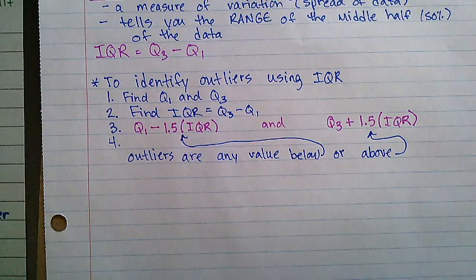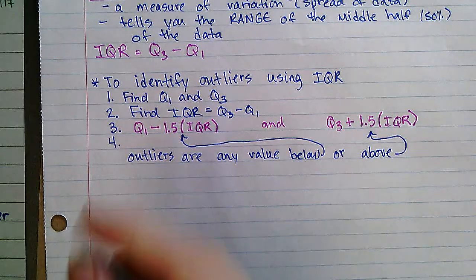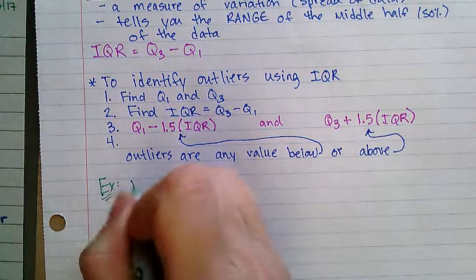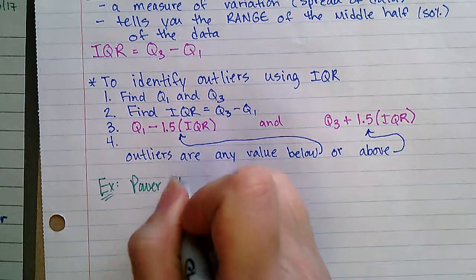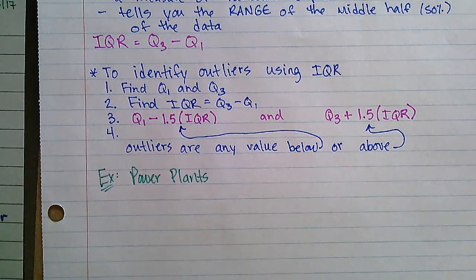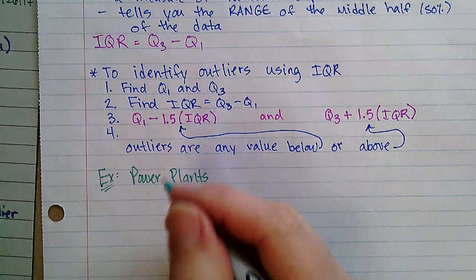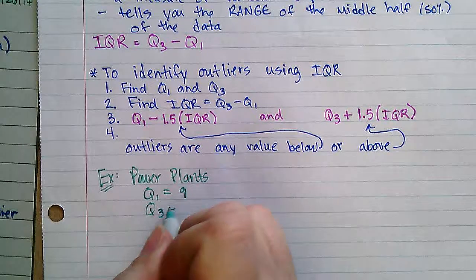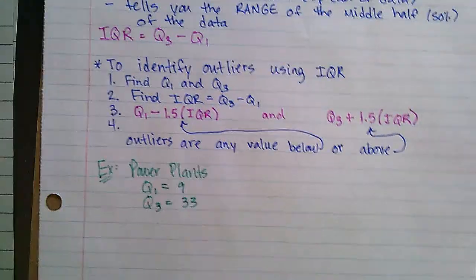So let's look back at our power plants and figure out if we have any outliers. From our power plants, we know that Q1 was 9, and Q3 was 33. We've already figured those out.